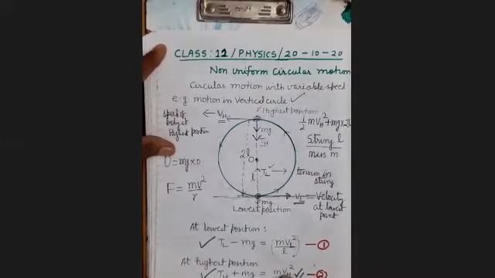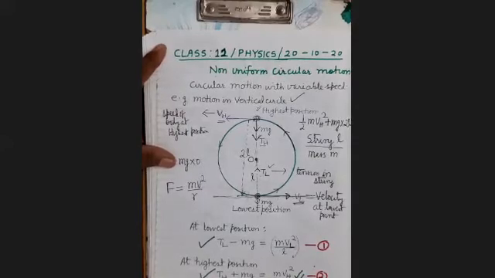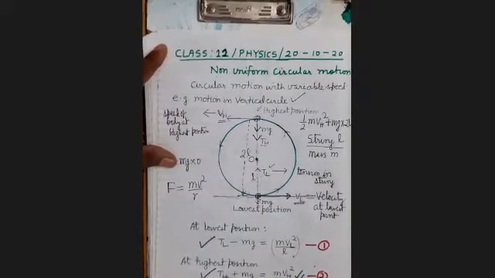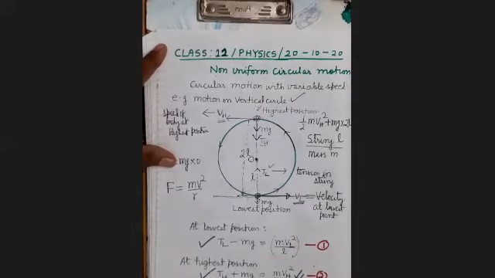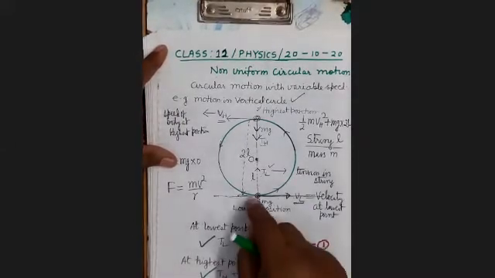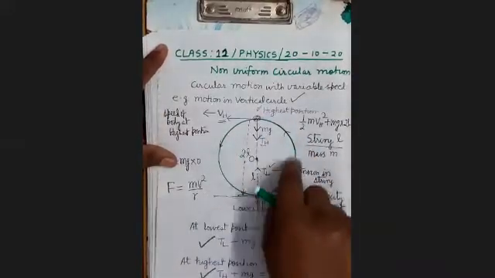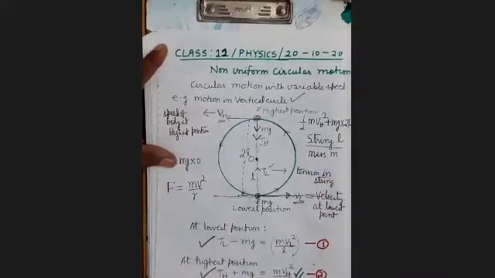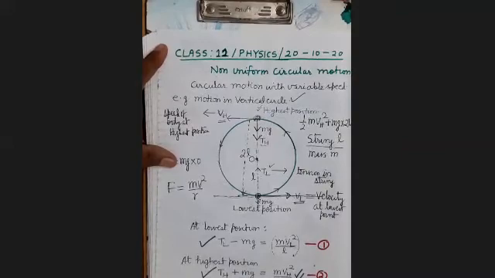And when this is decreasing, then this total should also decrease. Otherwise, what will happen? It will become imbalanced, it will become unequal. It's clear. So when the speed is decreased at the highest point, this side will also decrease.